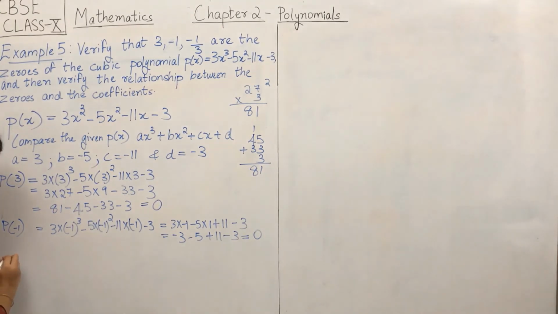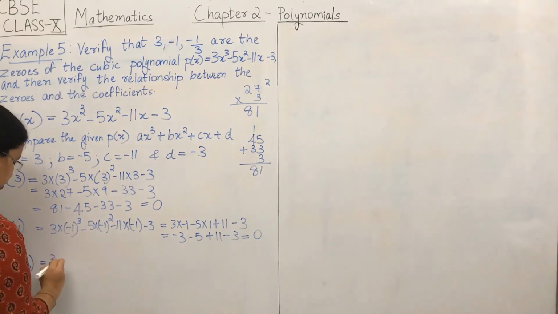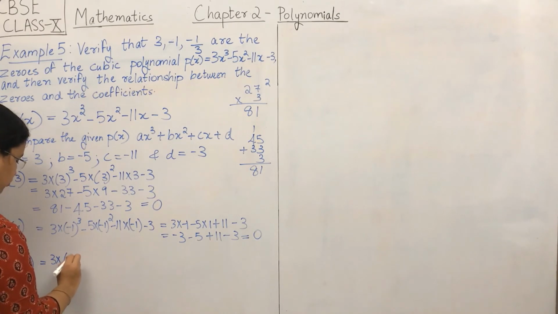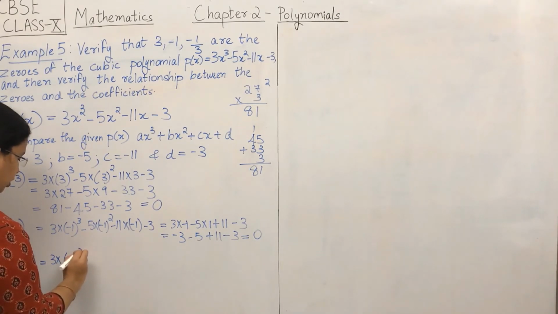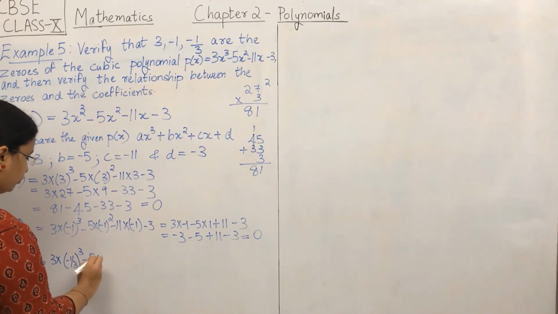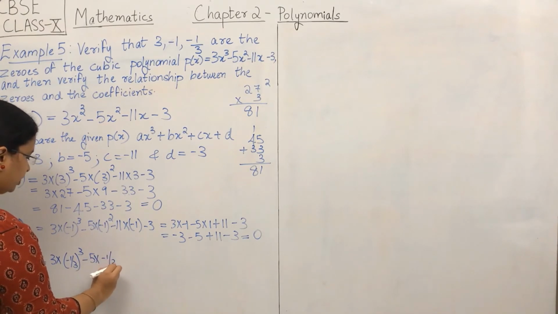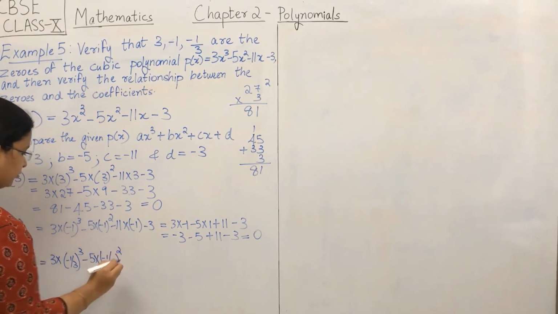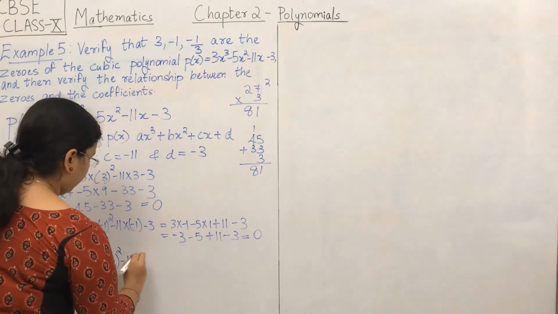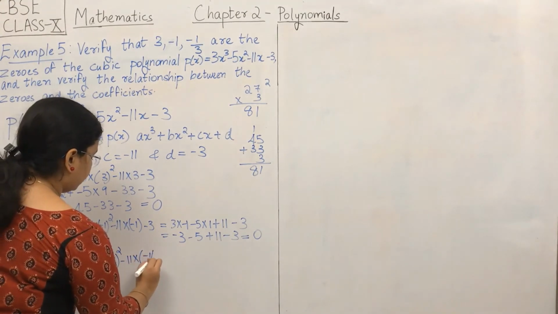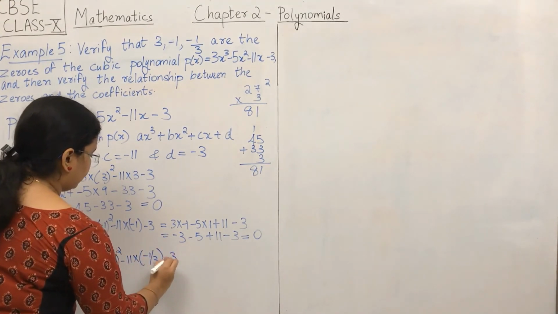Now the last one, p of minus 1 by 3. 3 into minus 1 by 3 the whole cube minus 5 into minus 1 by 3 the whole square minus 11 into minus 1 by 3 minus 3.